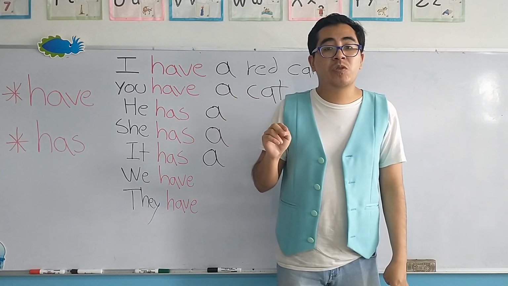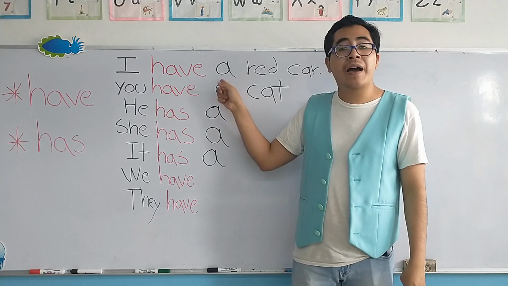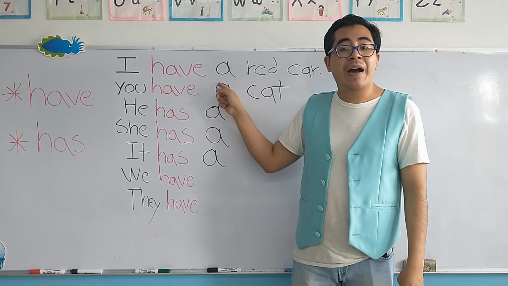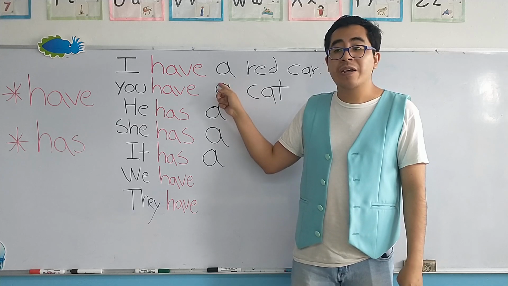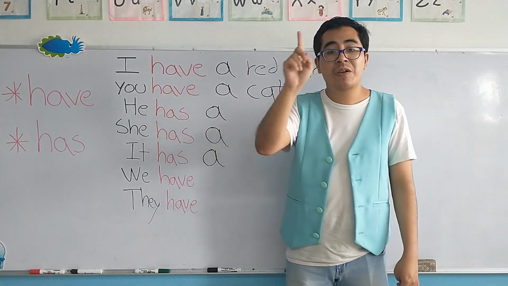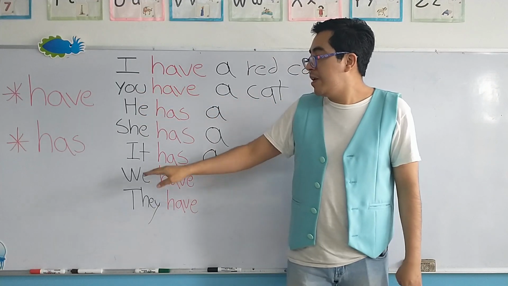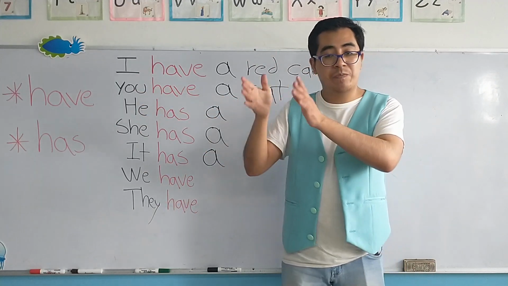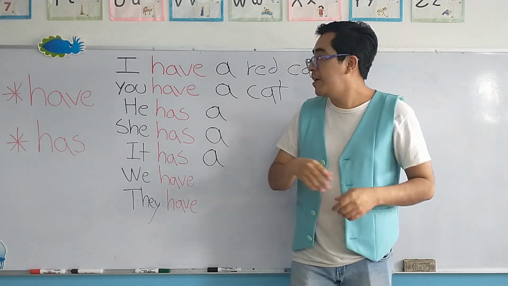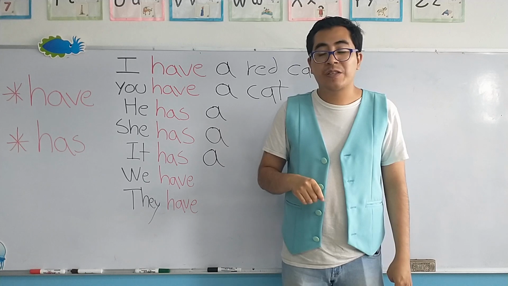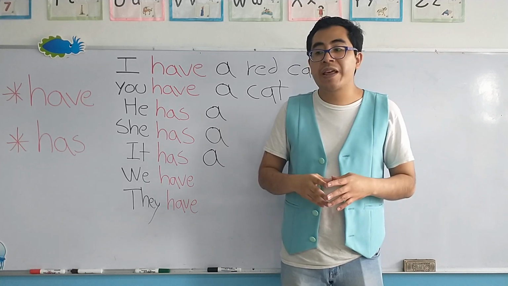Recuerden que estamos utilizando también la letra a que sería un artículo, porque recuerden, a o an es para singular y estas personas son solamente una. One, one, one. Cuando entremos con plurales, voy a explicarles qué vamos a poner. Okay, so you have a cat. Tú tienes un gato. Let's continue with the next one.